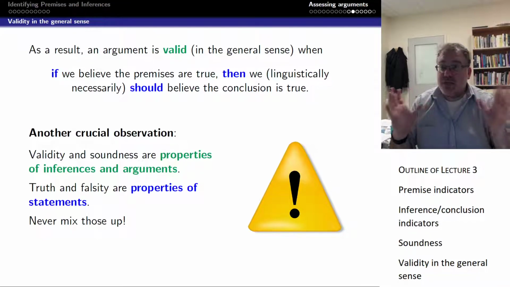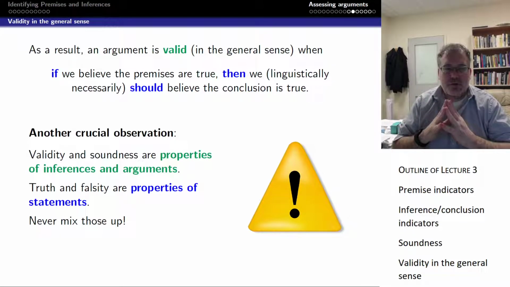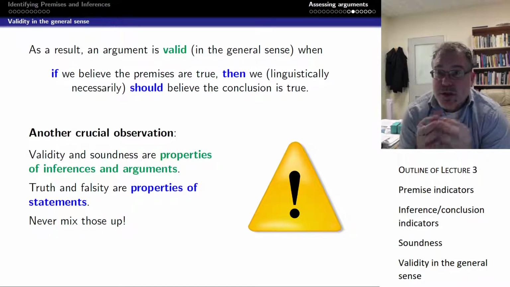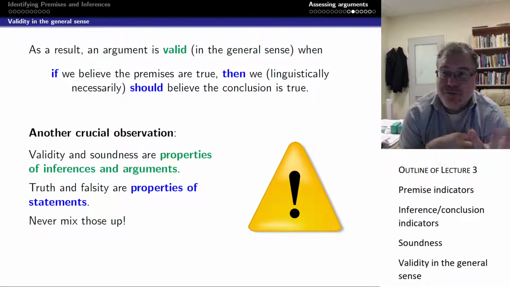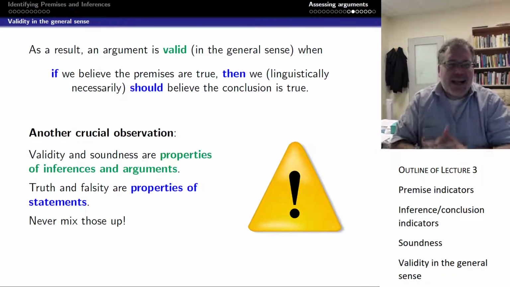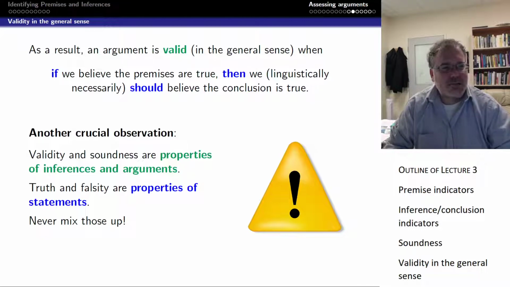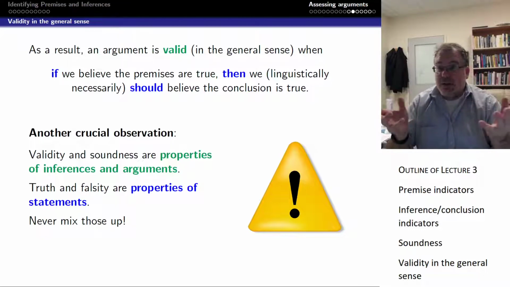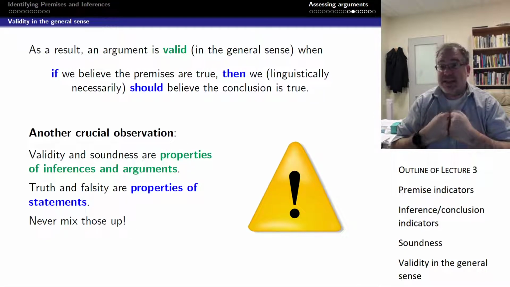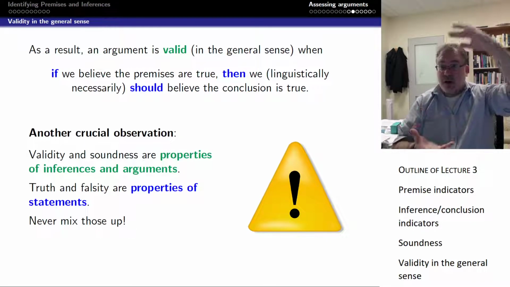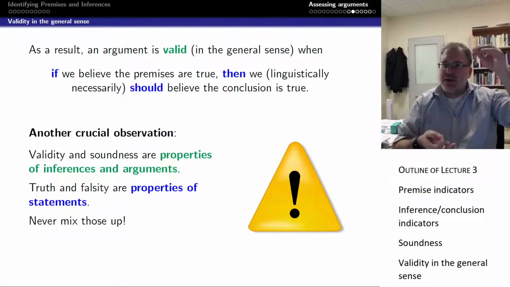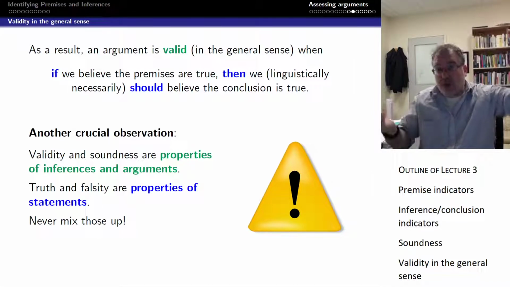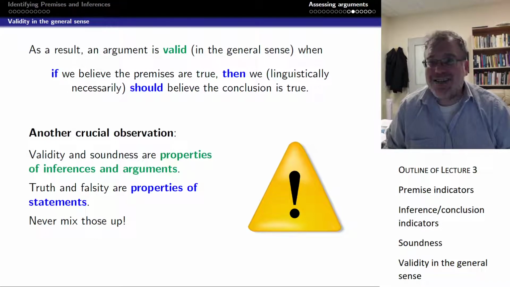Now, another crucial observation to make here about the terminology that we have introduced is the following. And it's really important to emphasize that. Four of the words that we're going to use very often in this course are truth, falsity, or true-false, and sound and valid, right? Now, validity and soundness are not properties of statements. They are properties of arguments. And the reason for that is that they are asking us a question about the connections between the premises and the conclusions. So it has to be about arguments.